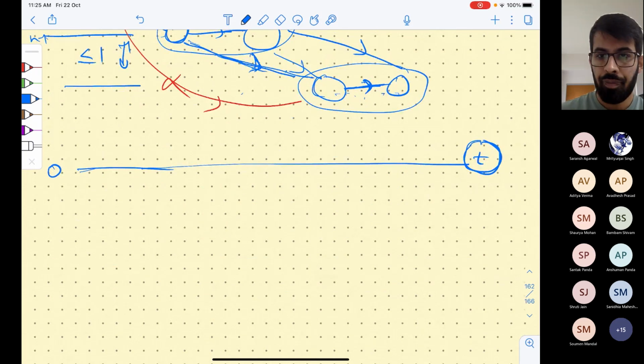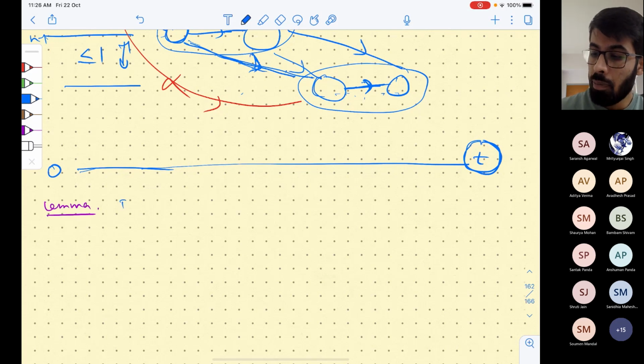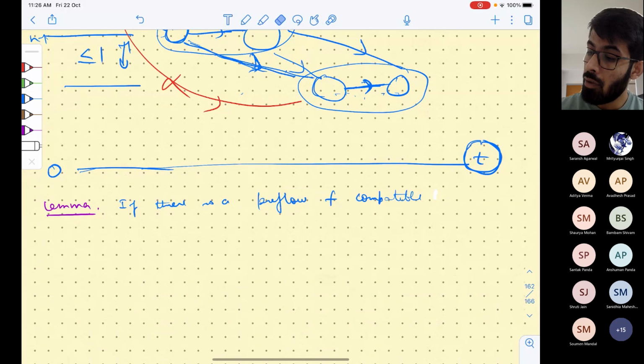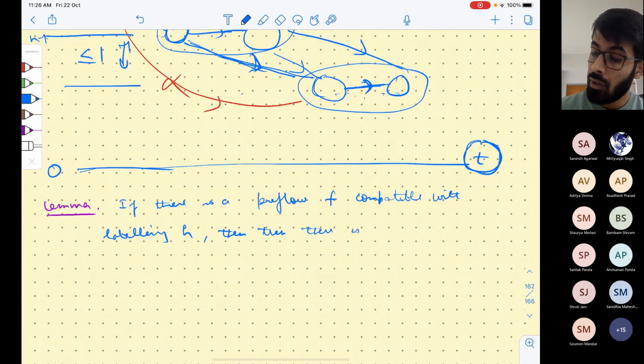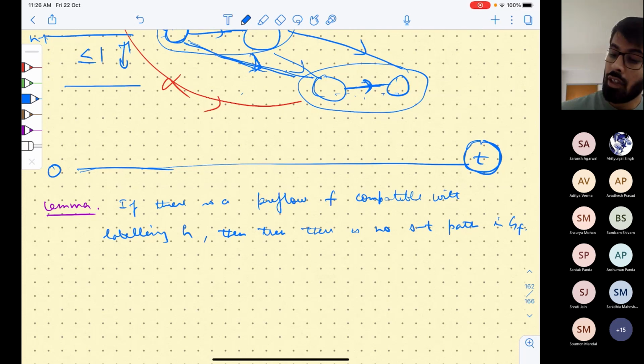Let's get ahead then. So now the lemma says that if there is a preflow F compatible with labeling H, then there is no ST path in GF, in the residual graph.